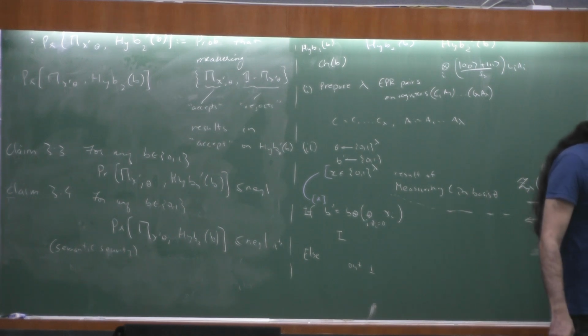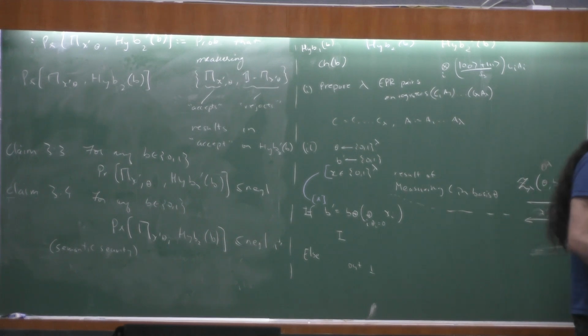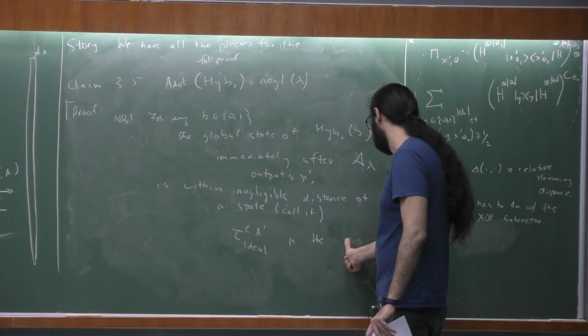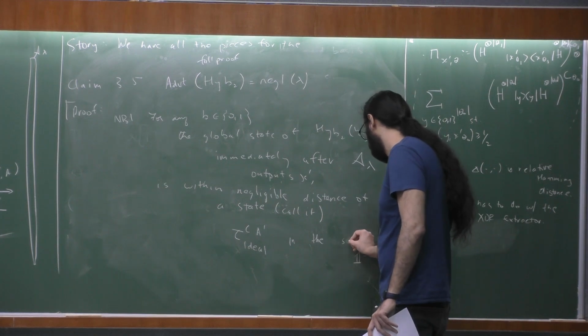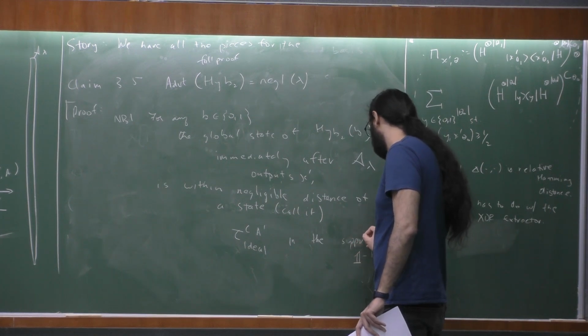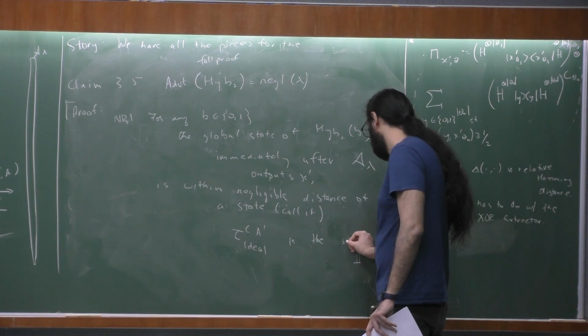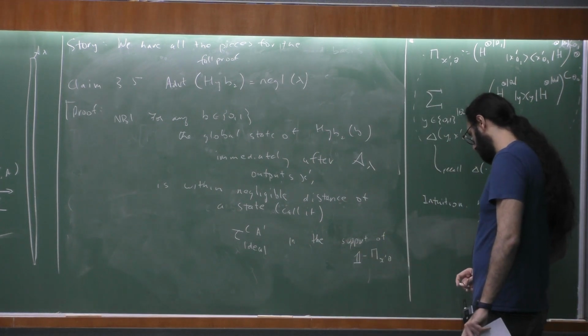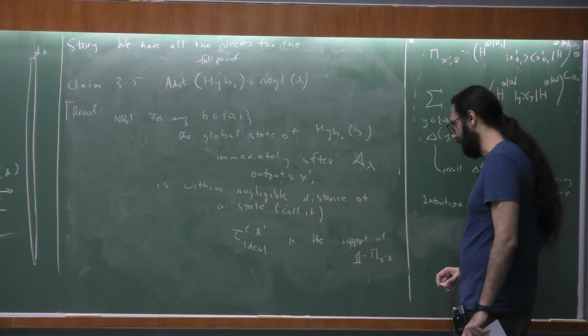Yeah, you can write support. Maybe I messed up, but you mean that the space is spanned by this projector, this tau C A prime will be in that space? Yeah, you can say support if you want. It means that if I apply I minus pi x prime theta on this state, you will get a non-zero answer.